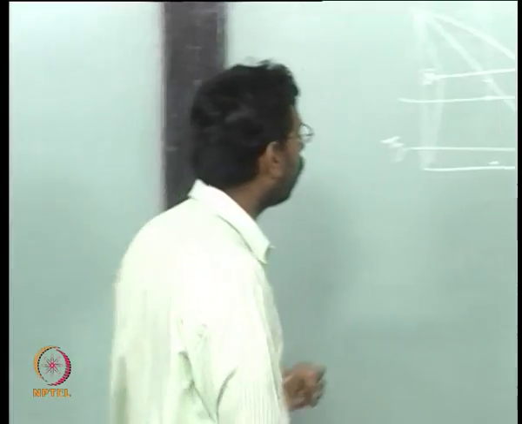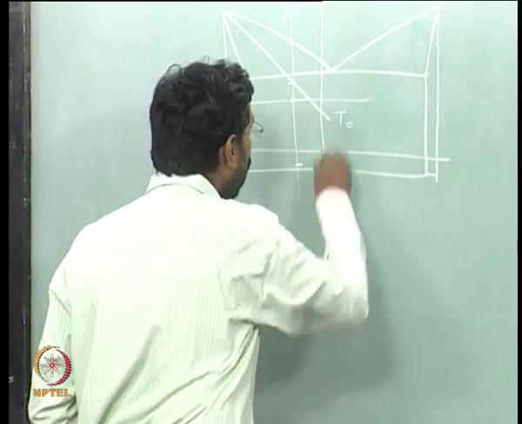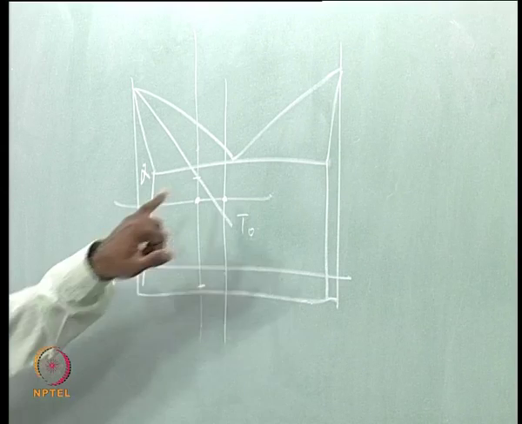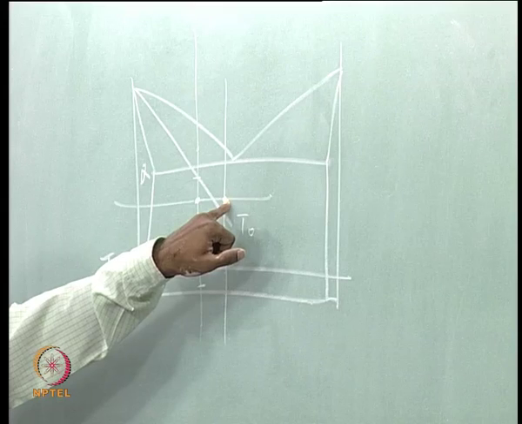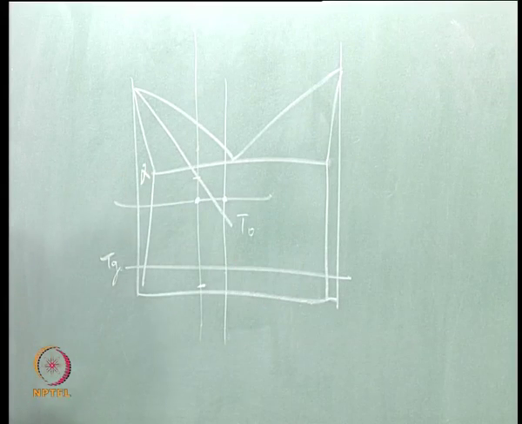But if the same liquid is somewhere here, no. Or if I choose another alloy and bring it to the same temperature, this alloy has no chance of partitionless solidification, because now it is on the right side of the T naught curve at the same temperature, and whenever we are on the right side there is no driving force for partitionless solidification.